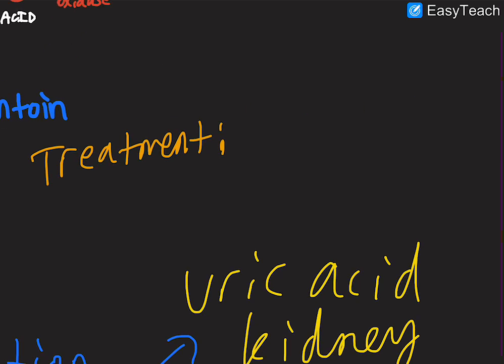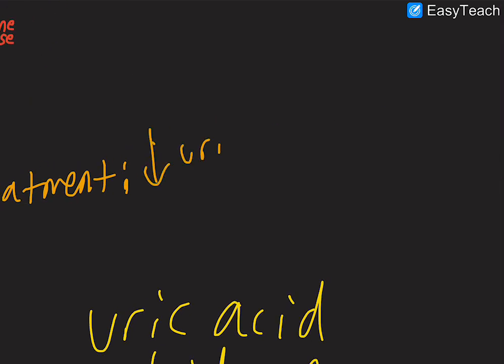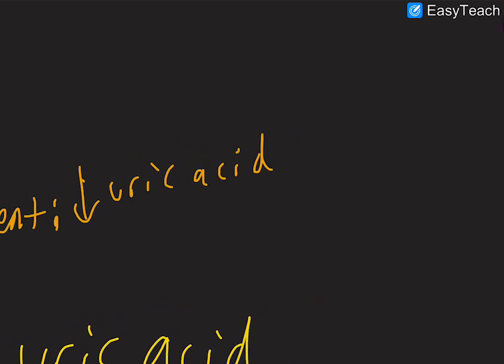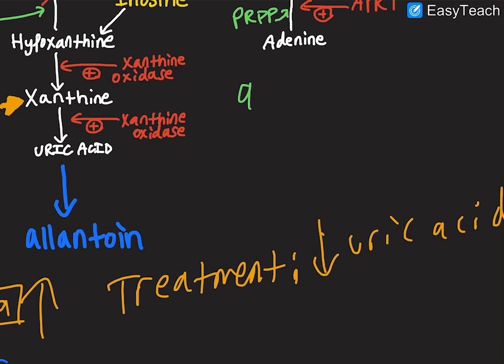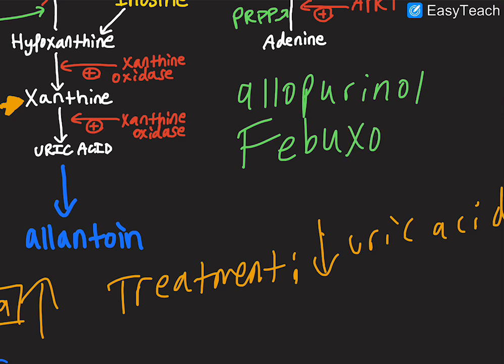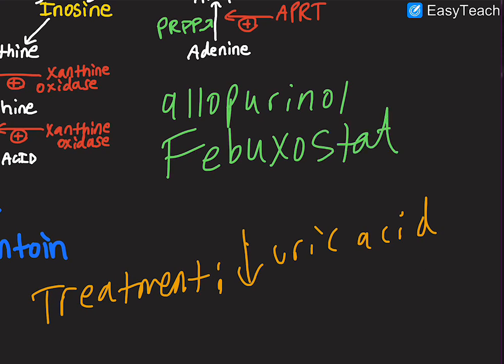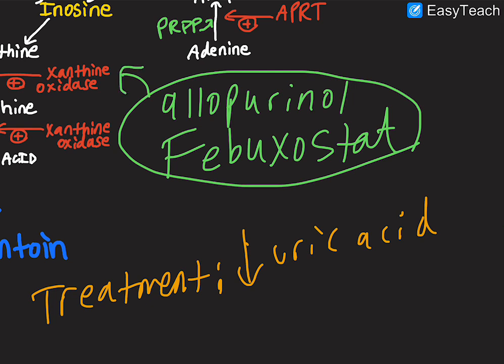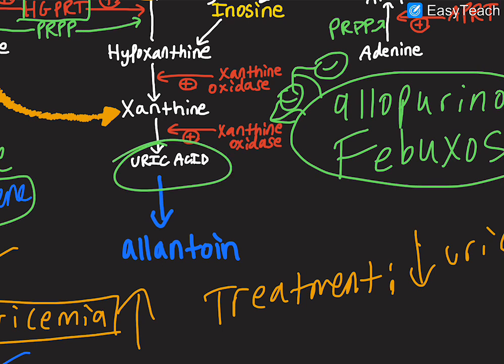If you want to decrease uric acid levels, what you can give, which we're already familiar with, is allopurinol as one of them, and febuxostat. Remember, these drugs inhibit xanthine oxidase. If you inhibit xanthine oxidase, you can't form uric acid. So it helps decrease uric acid levels in patients with Lesch-Nyhan syndrome.